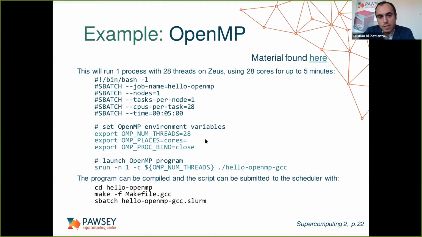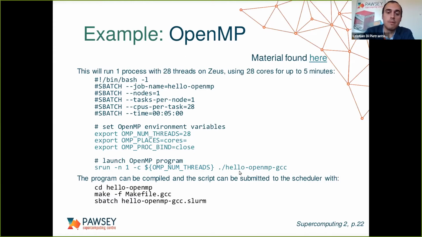We tell OpenMP to use 28 threads and to bind each thread to a different core. Then we finally launch our program.